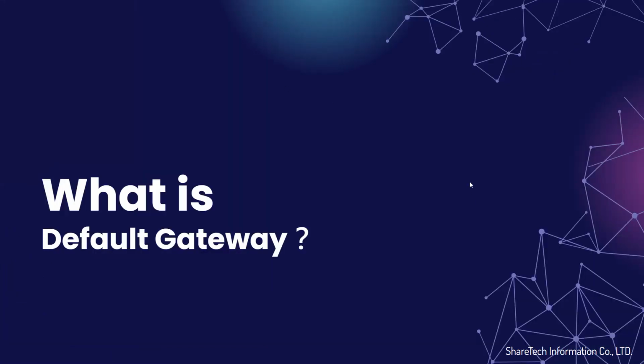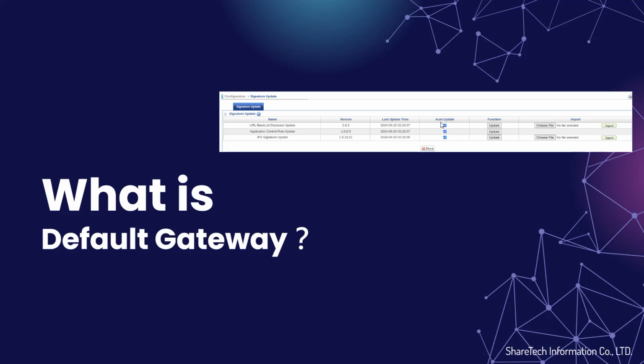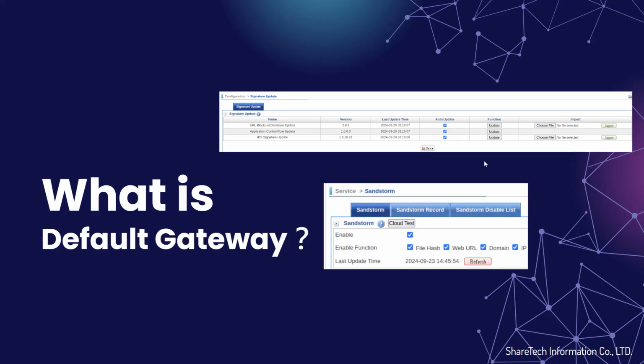What is default gateway? There's a function called the default gateway, and it might be confused with the function of designated gateway. The default gateway is usually used for NU updates. NU uses it to update the signatures and the databases.